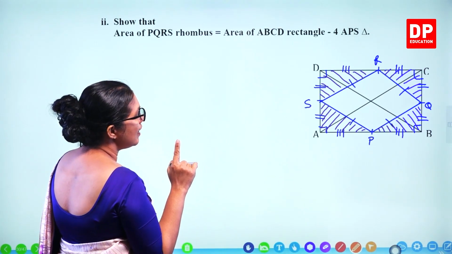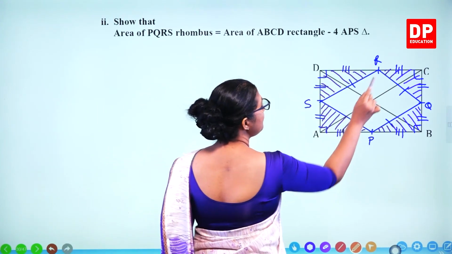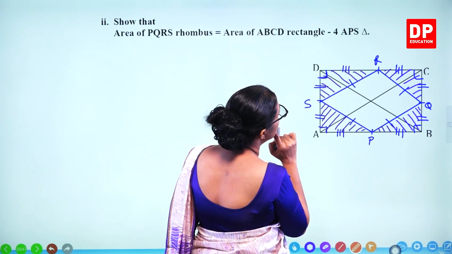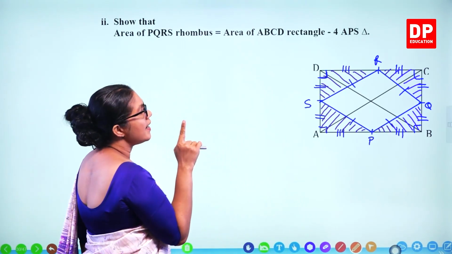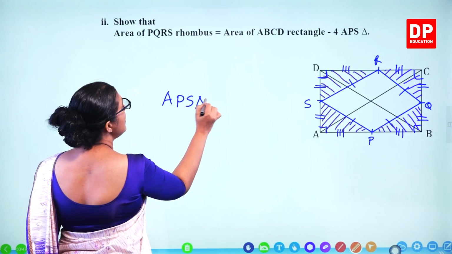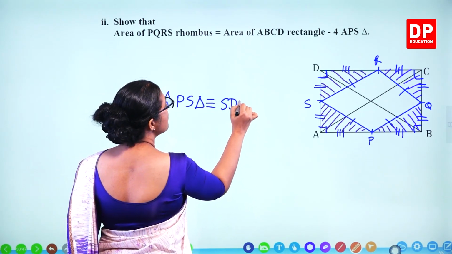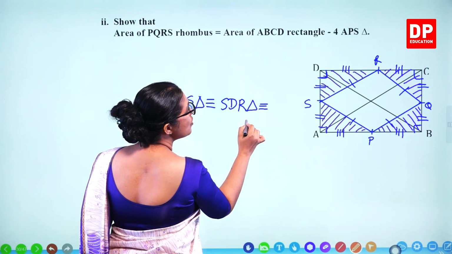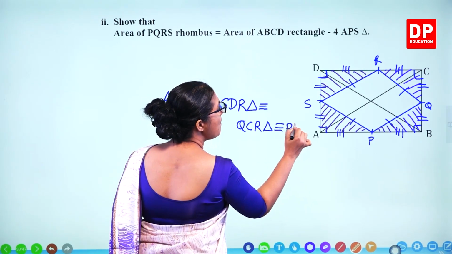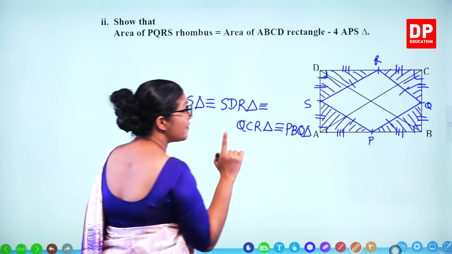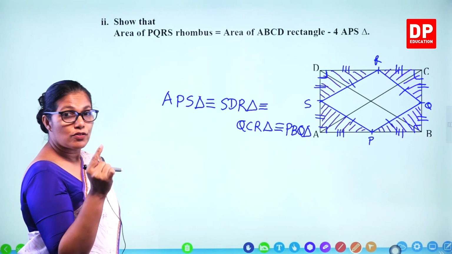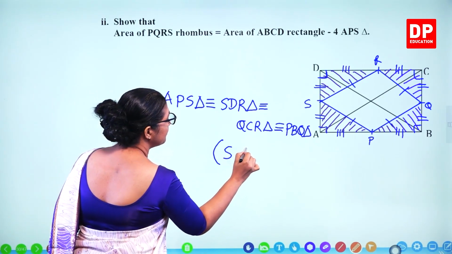We can say this length is the same length and this length is equal and the angle. So you can say side, angle, side. So we can say APS triangle is congruent to SDR triangle and it's also congruent to QCR triangle and it's congruent to PBQ triangle. What's the reason? Side, angle, side. SAS.